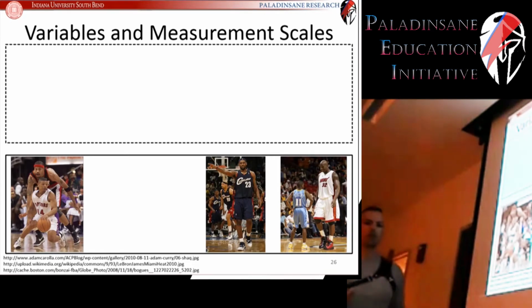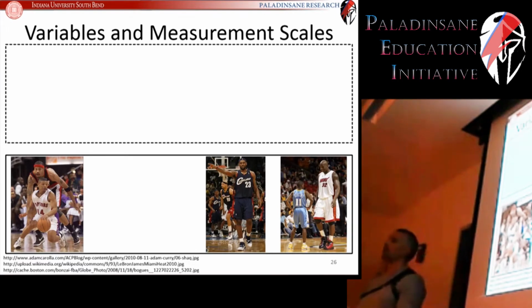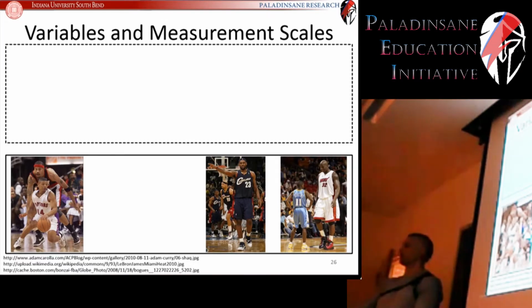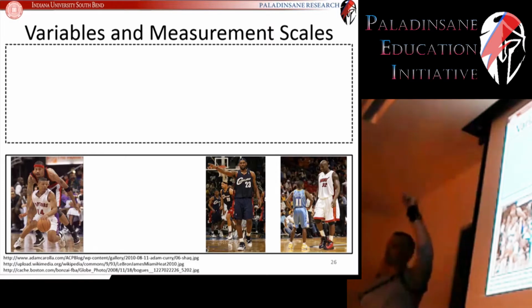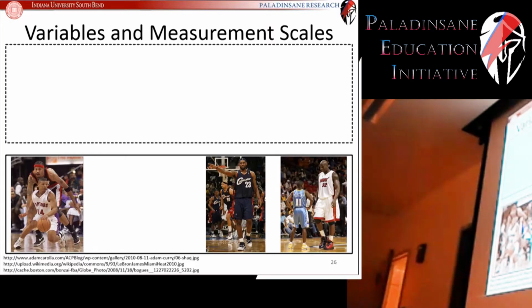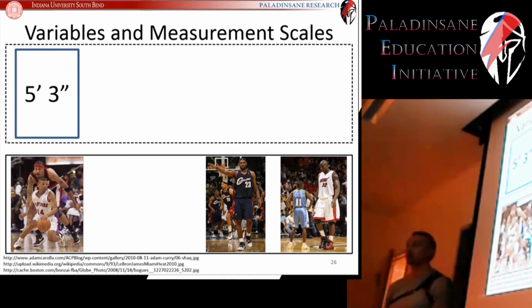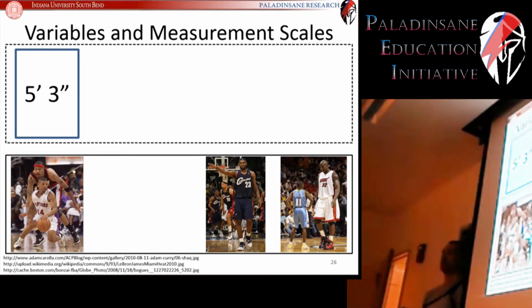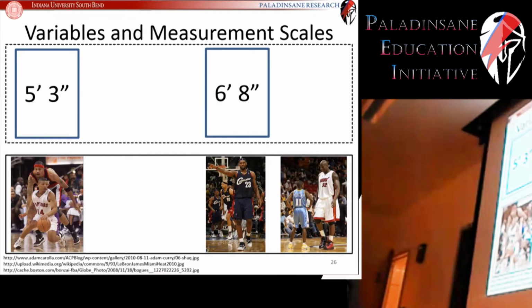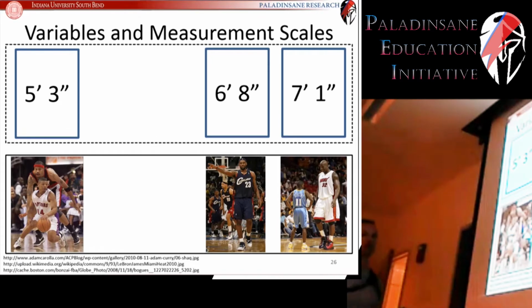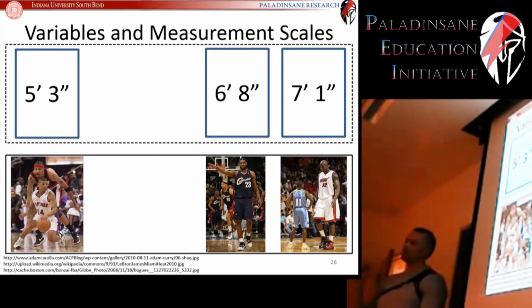We can measure their true heights using a variety of different measurement scales. One measurement scale is to use a tape measure. You literally start at the bottom, you go up to the top of their heads, and you see how tall they are. And if you used that tape measure, you would find out that Muggsy Bogues was 5'3", LeBron James is 6'8", and Shaquille O'Neal is 7'1".